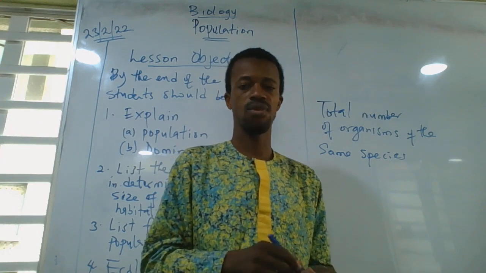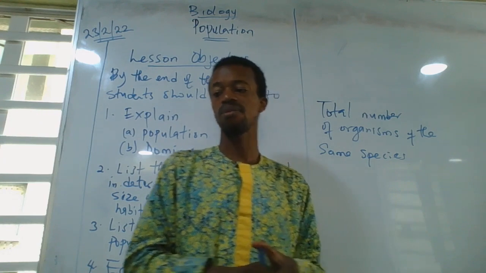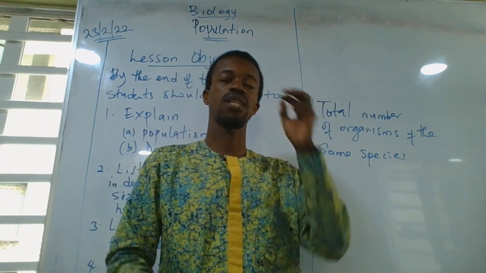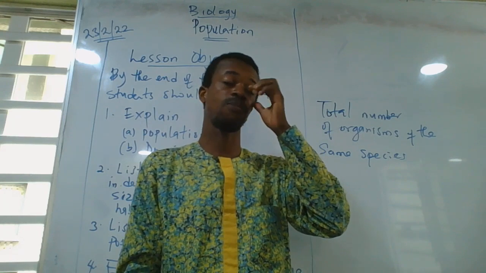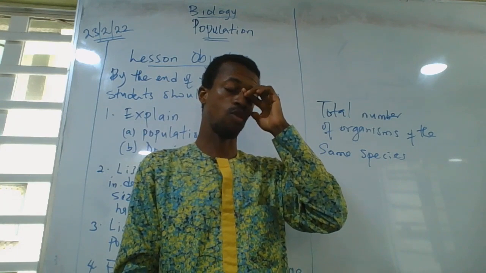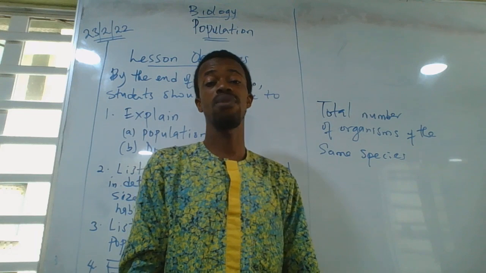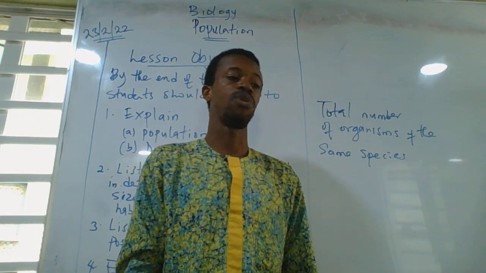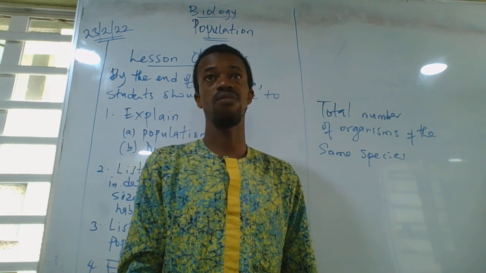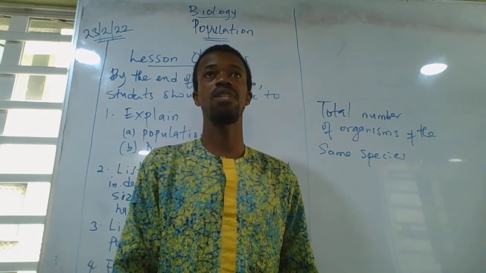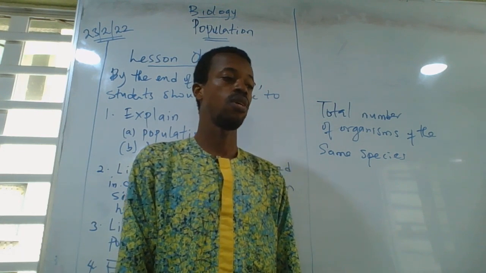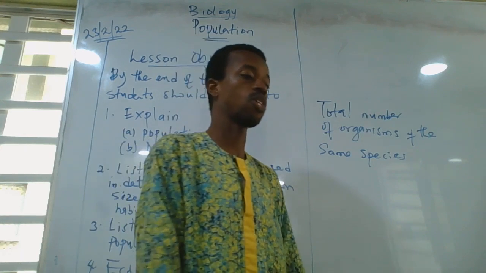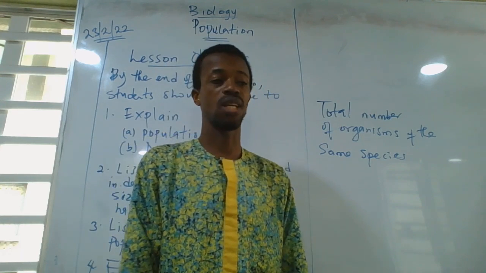For example, in this terrestrial habitat, let's take this aspect of our environment that we are in. Human beings are the predominant of all living organisms that we have in this terrestrial habitat. Let me take Lagos for example. In Lagos State, we have a kind of species, kinds of organisms that are around.